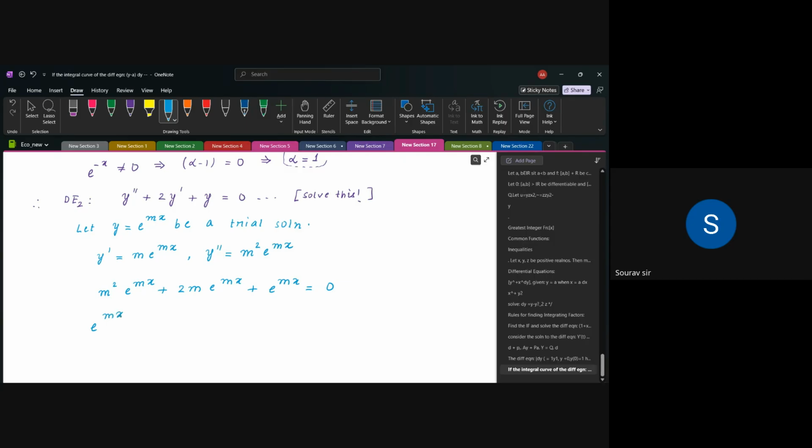So e raised to the power mx will turn out common. So m squared plus 2m plus 1 is equal to 0. Since e raised to the power mx is not 0, that means m squared plus 2m plus 1 is 0, right? This is your auxiliary equation.